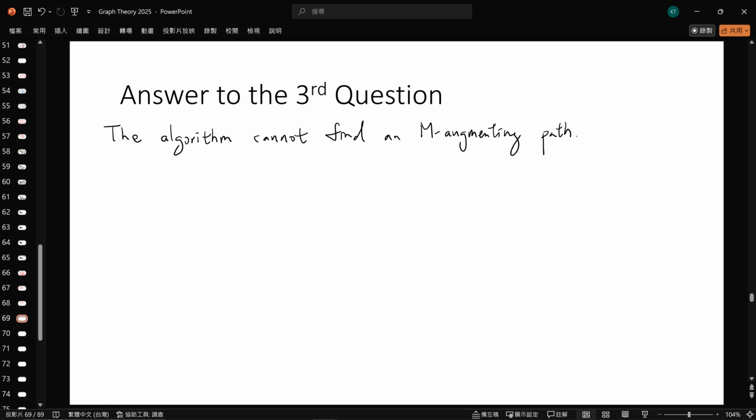The algorithm cannot output an M augmenting path, and the goal is to find a vertex cover.